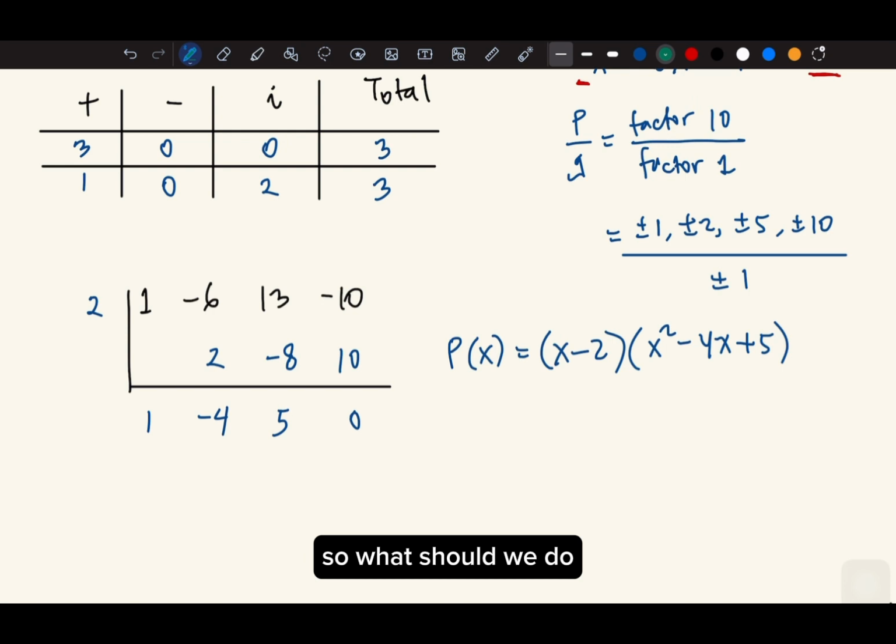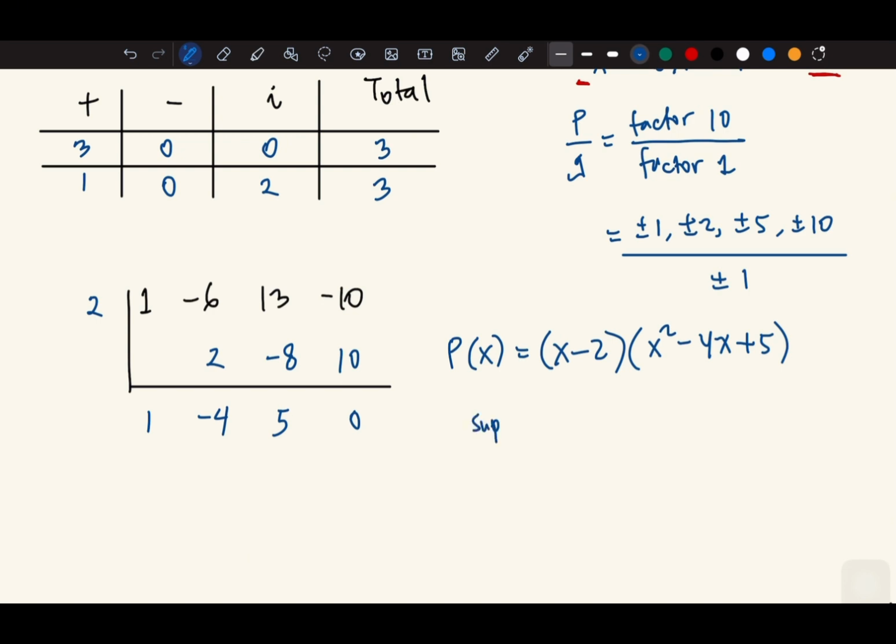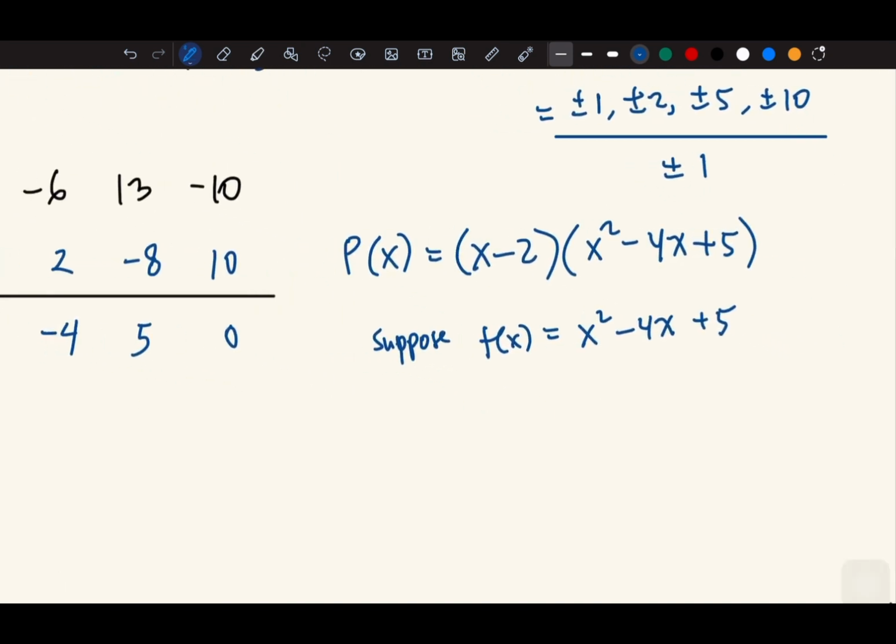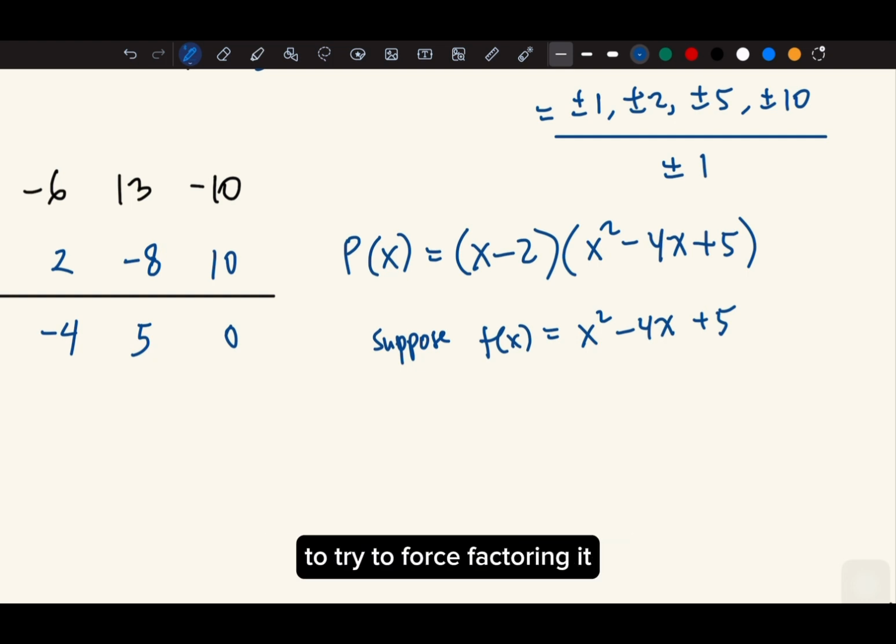So what should we do? So let me write here. Suppose f of x is this. Suppose we are going to try to force factoring it.